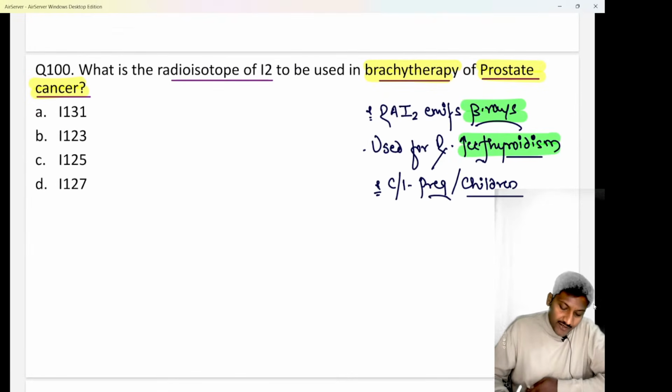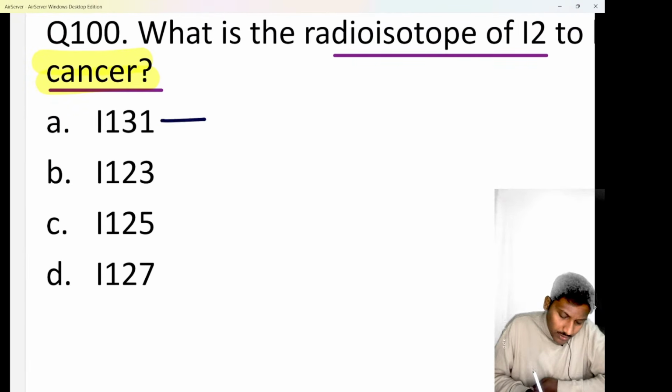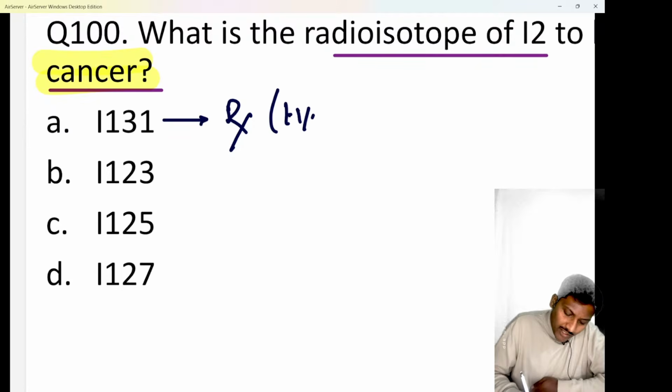Remember, if I talk about the various radioisotopes of iodine, radioactive iodine 131 is generally used for therapeutic purposes or treatment. It has a longer half-life of around 8 days.